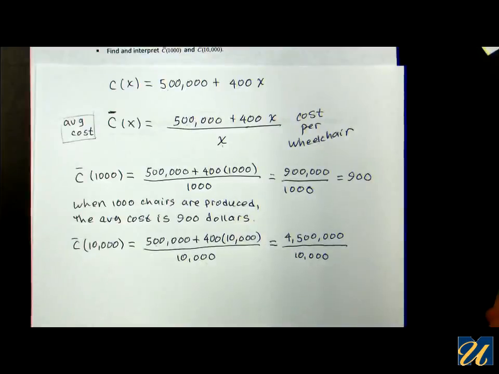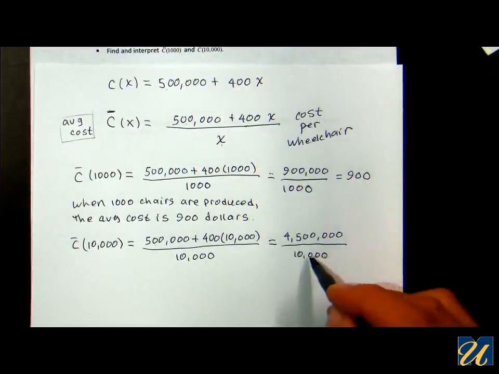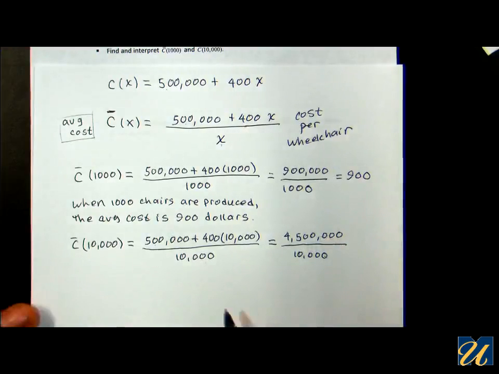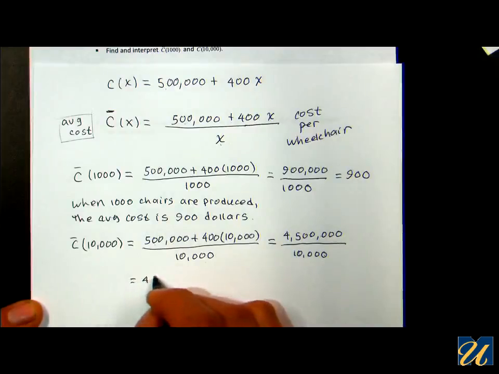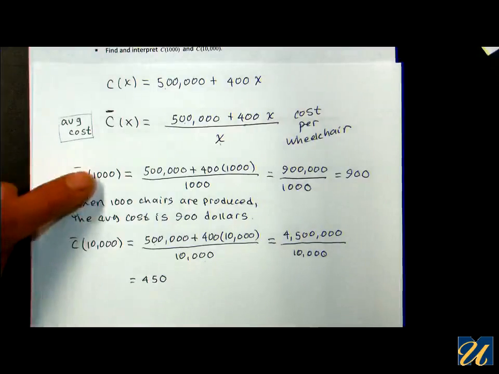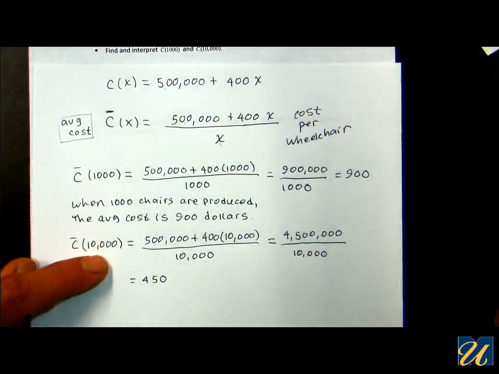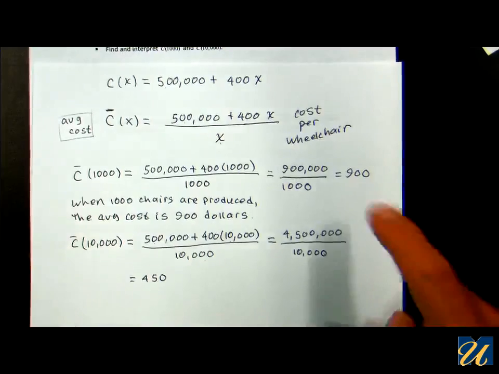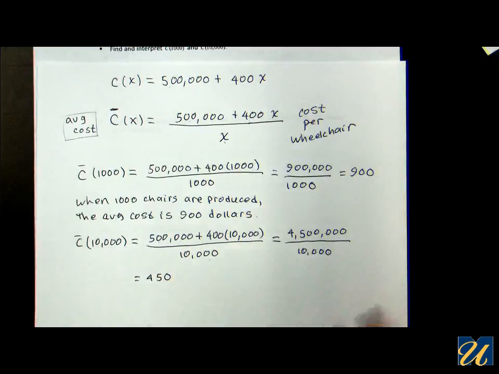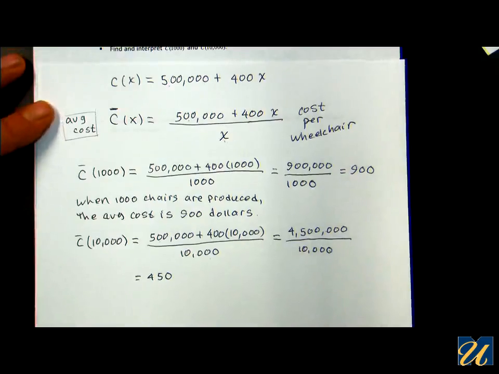When you take away 4 zeros, you have 450 remaining. So we end up with 450. Now, at a much higher production level, 10,000, the cost per wheelchair that was $900 is now reduced to $450. And that's what I meant by mass production yields lower costs to the consumer.